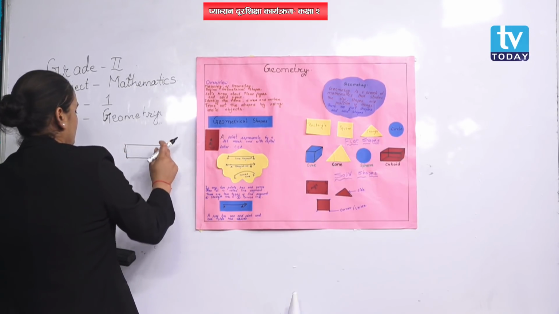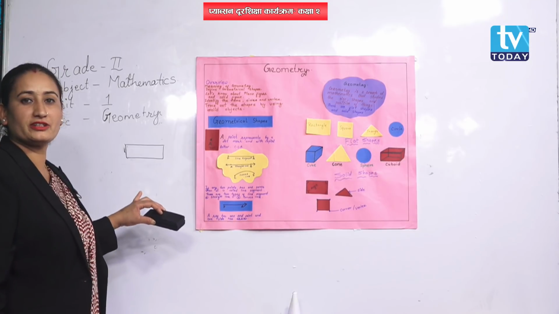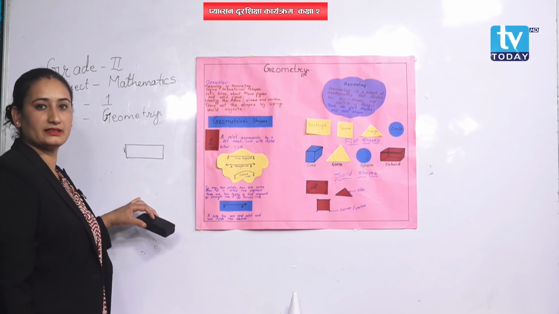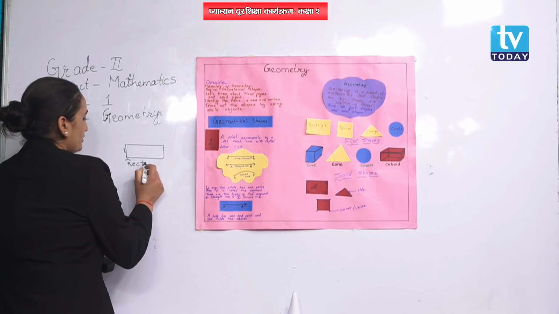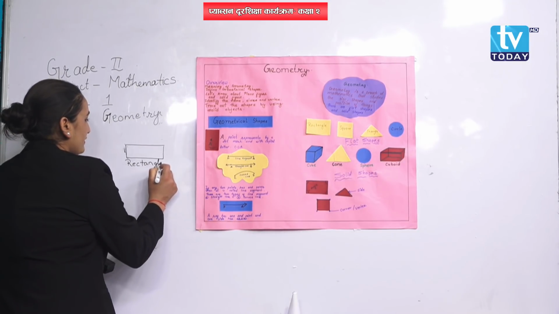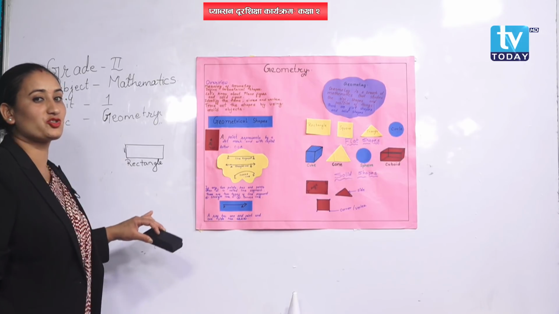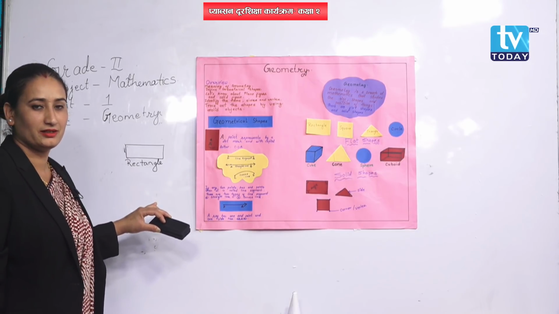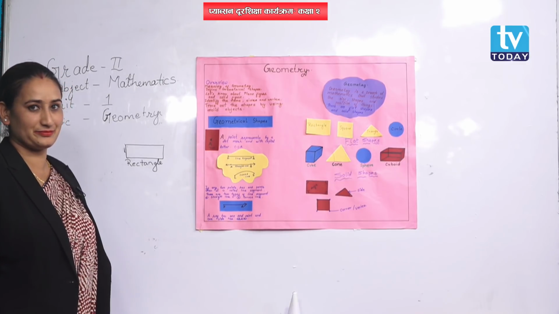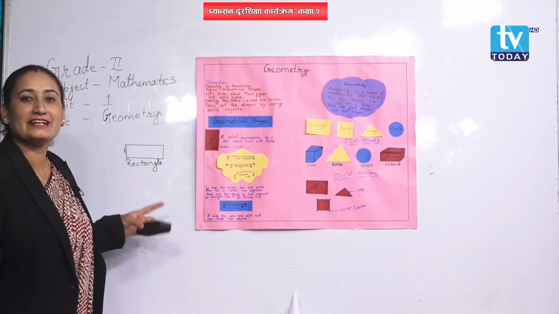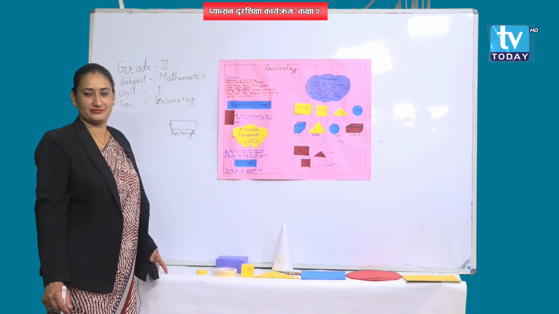See here, I have drawn the shape of the rectangle. And please write down the name of the picture. It's rectangular in shape. Please don't write mobile; we cannot see the mobile after drawing the lines. Please write here rectangle in shape. Done.